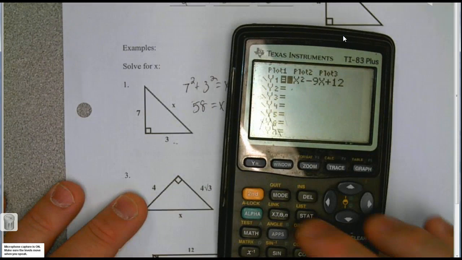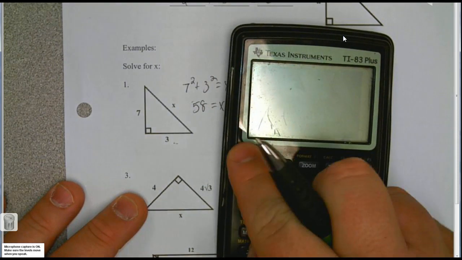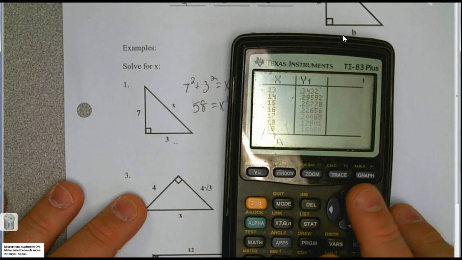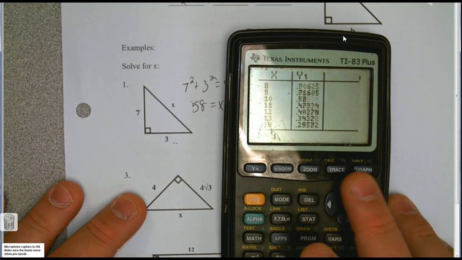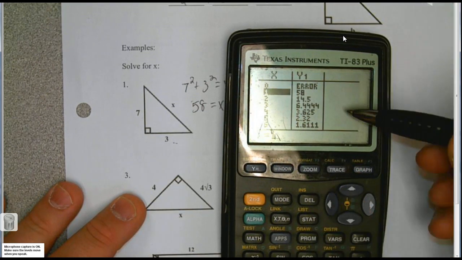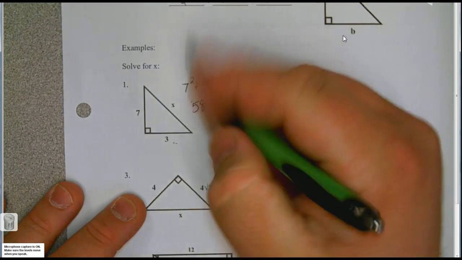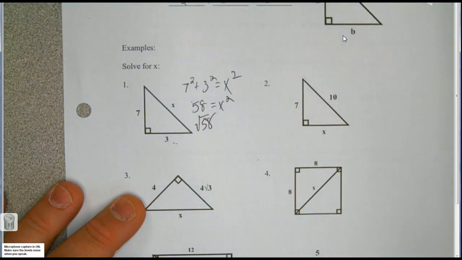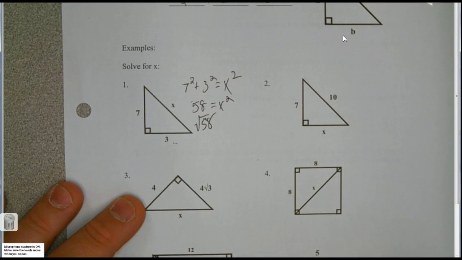So again, you're going to go to y equals, you're going to go to 58 divided by x squared. You hit second graph. The square root of 58 does not reduce. So I can either say the square root of 58, or if I do the decimal, it'll be 7.62.